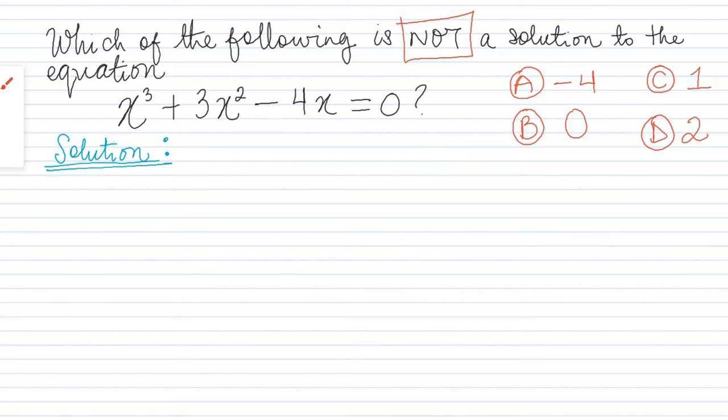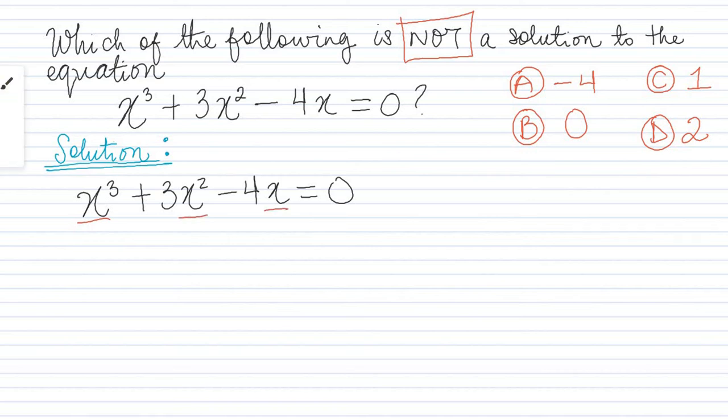So the first thing you have to do is to rewrite it. You have x cubed plus 3x squared minus 4x equals 0. We can see that we have x cubed, x squared, and x.